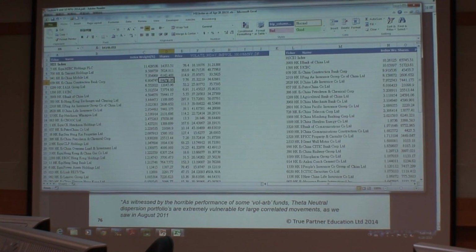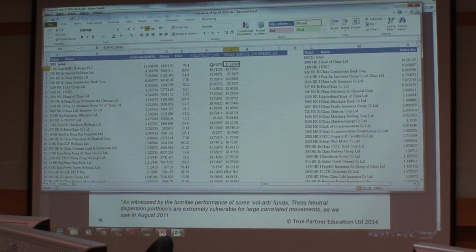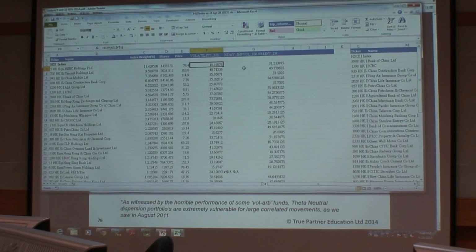So I have the number of shares in the index, I have the share price, and I also added two fields: volatility 30 days and 30 days implied volatility. You can imagine the 30-day volatility is actually realized volatility: what movement did this stock have in the past 30 days?